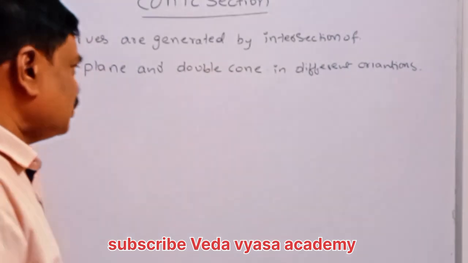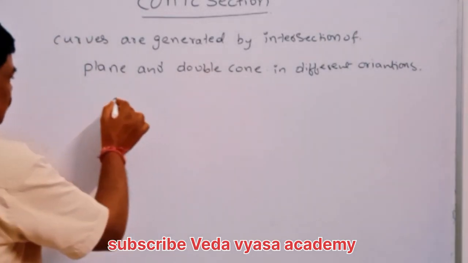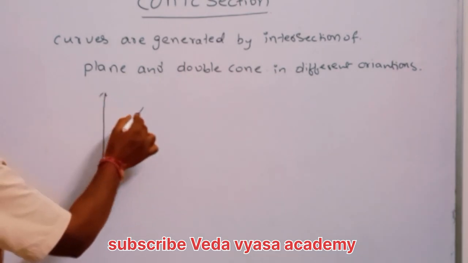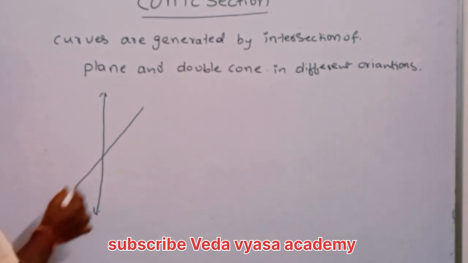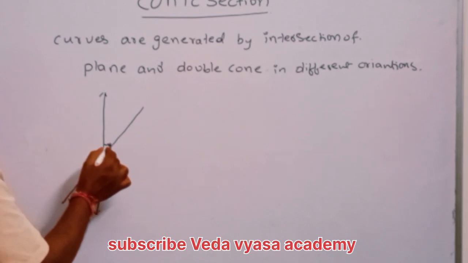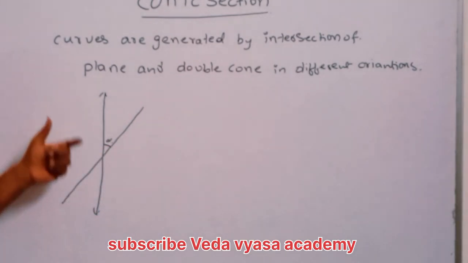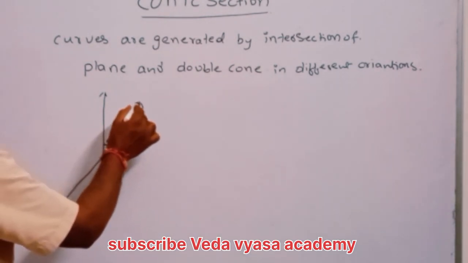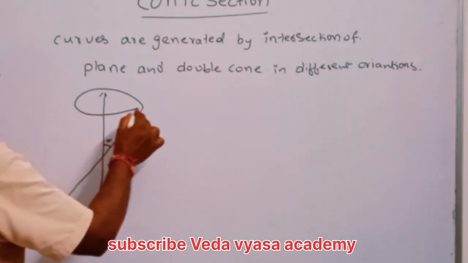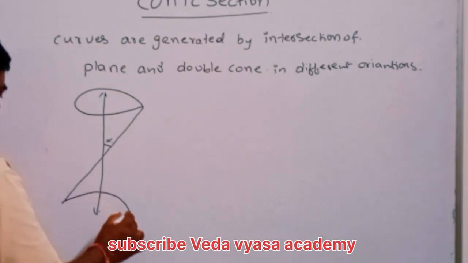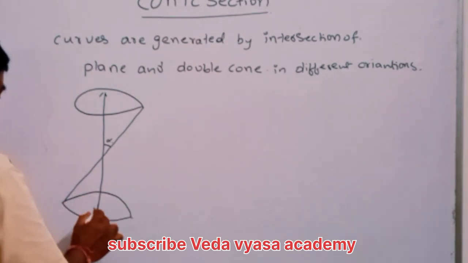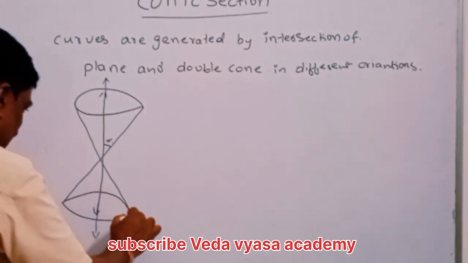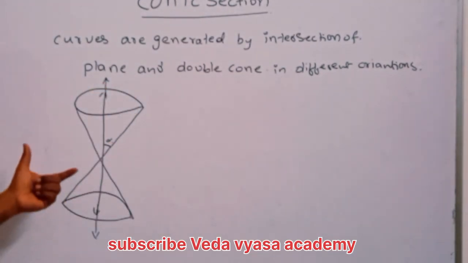How to generate? You see, all of you, this is the line, this is another line. This makes an alpha angle with a constant line. That is the generator line. Here this is the double cone.